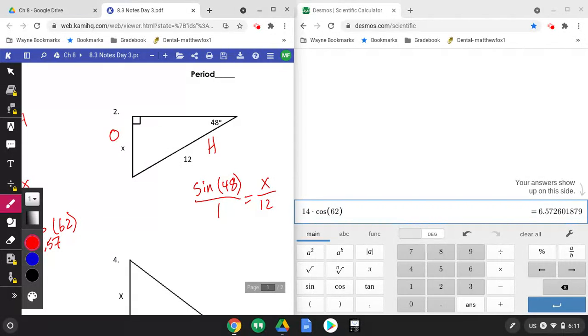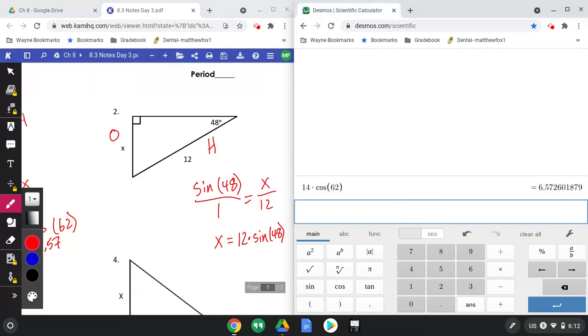If we cross multiply, we're going to get x equals 12 times the sine of 48. Okay, so we come over here. I forgot to enter. Okay, there. So 12 times the sine of 48. We close it, hit enter, and we get our answer there. So if we go to 2 decimal places, 8.92.